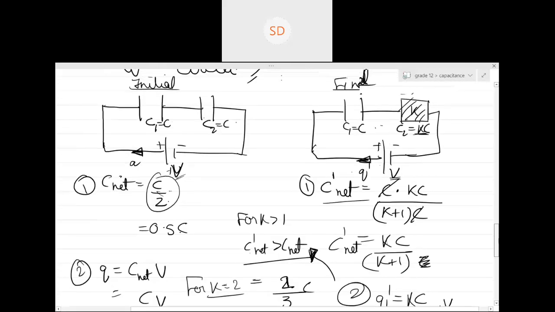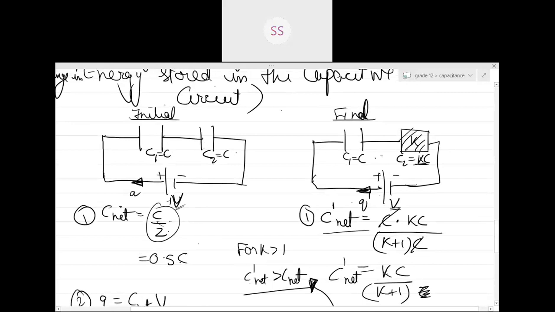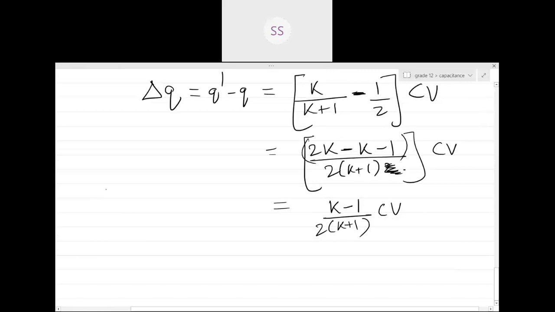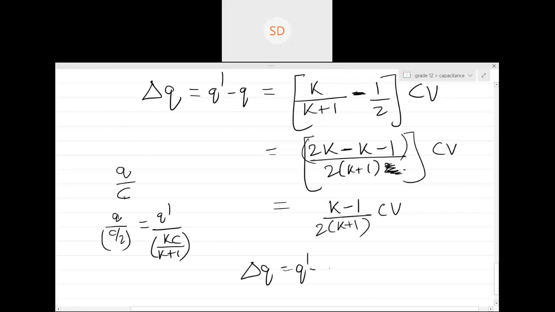So I took it as Q by C and equated both. Will that work? Q by C in the first case was C by 2, which equals Q dash upon K plus 1 into C. If you did this and then found the value of delta Q, which is Q dash minus Q, then it is fine.